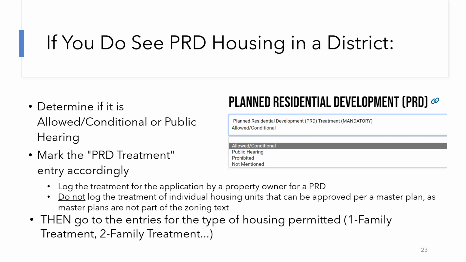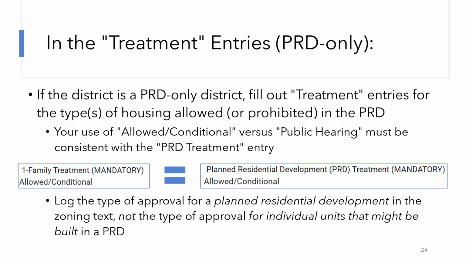Then you're going to go into the entries for the different types of treatments for the different types of residential uses, the 1-family treatment, 2-family treatment, 3-family treatment, and 4+ family treatment. When you have a PRD only district, you are going to fill out the treatment fields in a particular way.